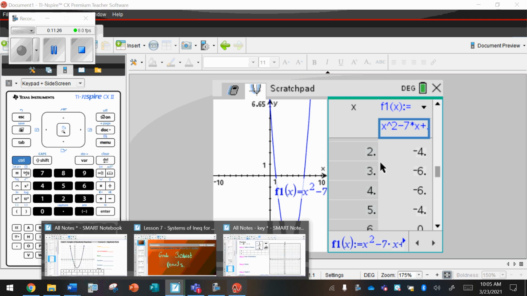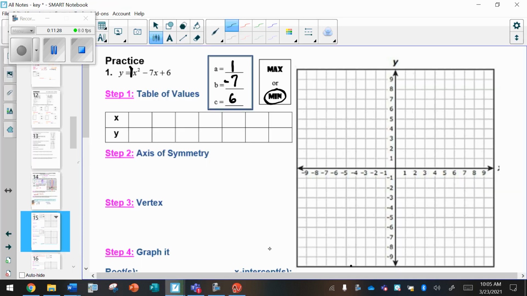So that means, before I do too much, I'm going to find the axis of symmetry using my axis of symmetry equation, x equals -b over 2a. All right, so we know that our b value is -7, so we have to subtract -7, and our a value is 1.